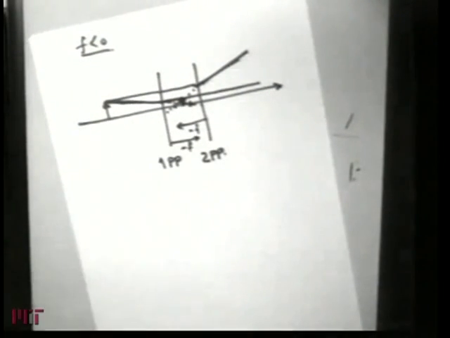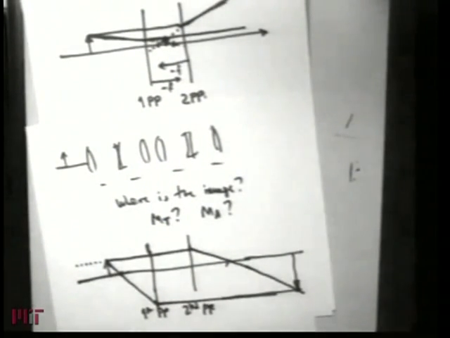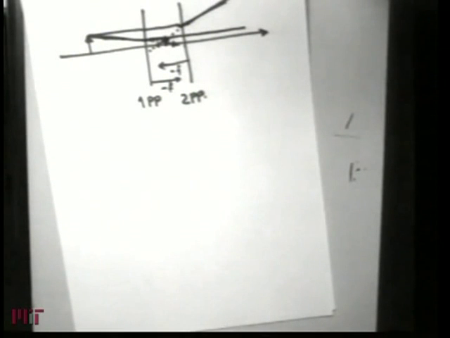And notice the significant difference that here the image is erect. It is upright, which is customary for virtual images. Whereas in this case, the image, if you recall, quite clearly was inverted. So it is really the same approach.